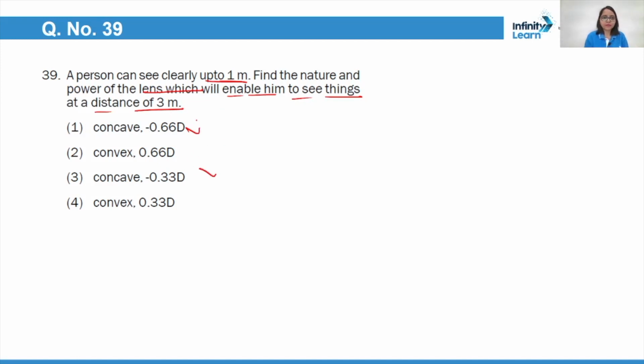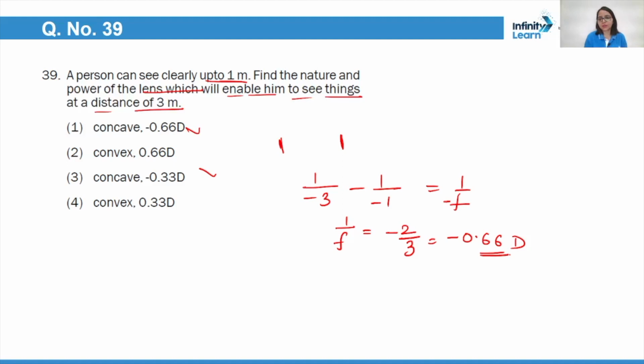So over here, the object is at 1 meter and the image should be at 3 meter by the lens. So 1 upon V minus 1 upon U is equal to 1 upon F. So 1 upon F will be minus 2 upon 3 over here and it will be minus 0.66 diopter, which is option 1.